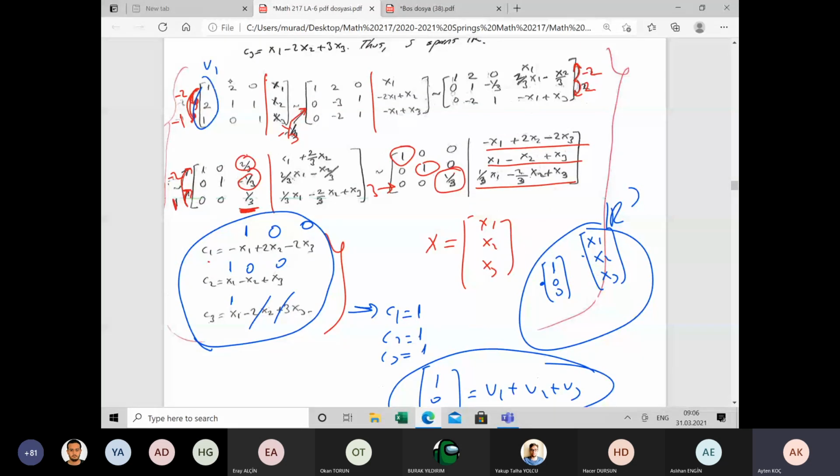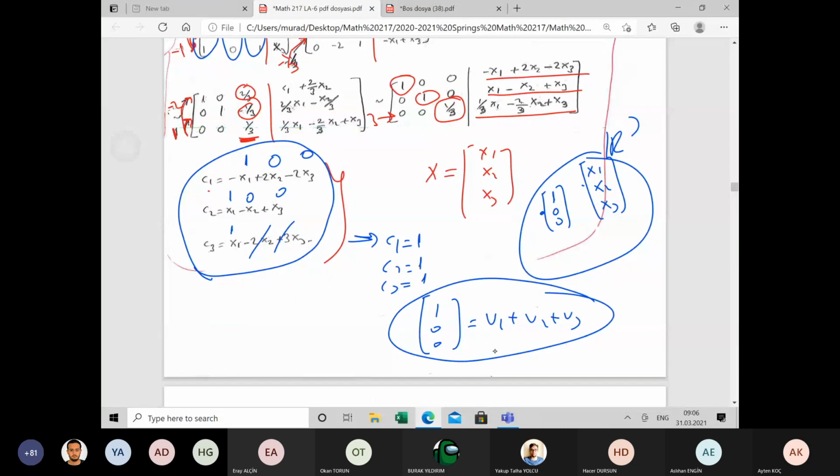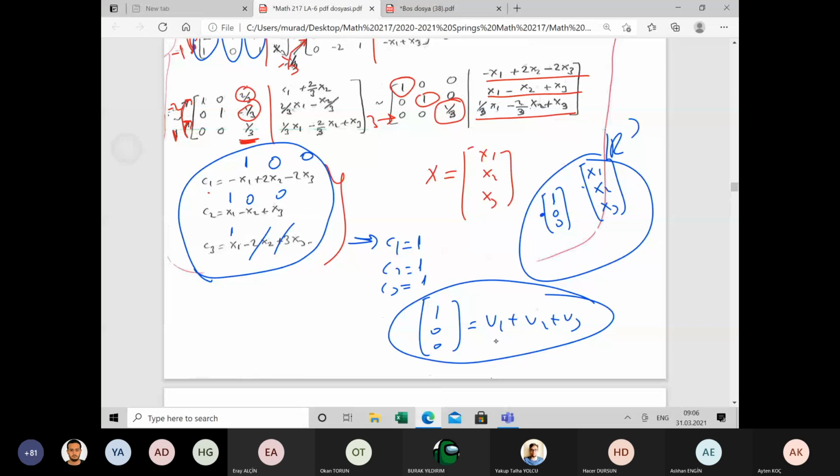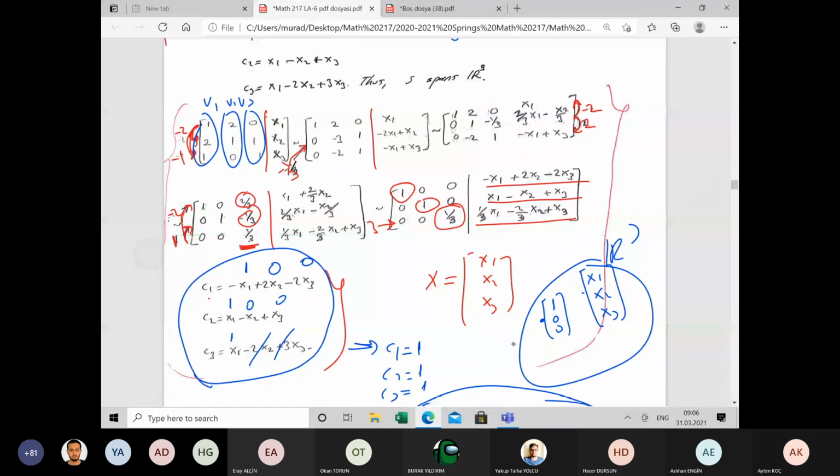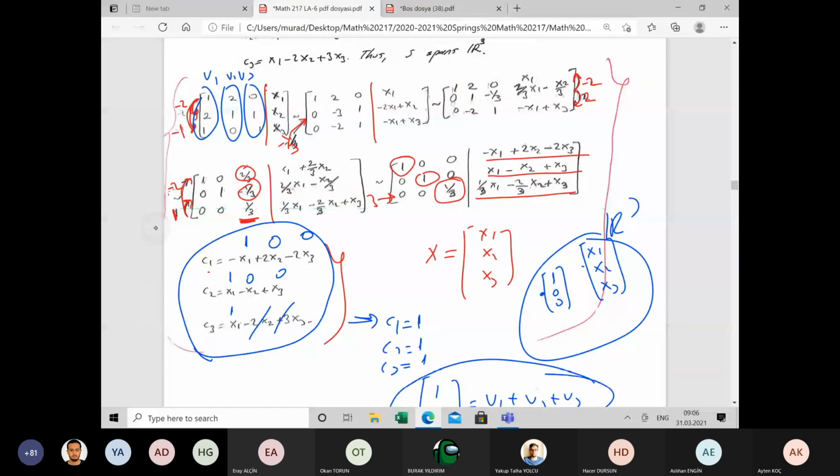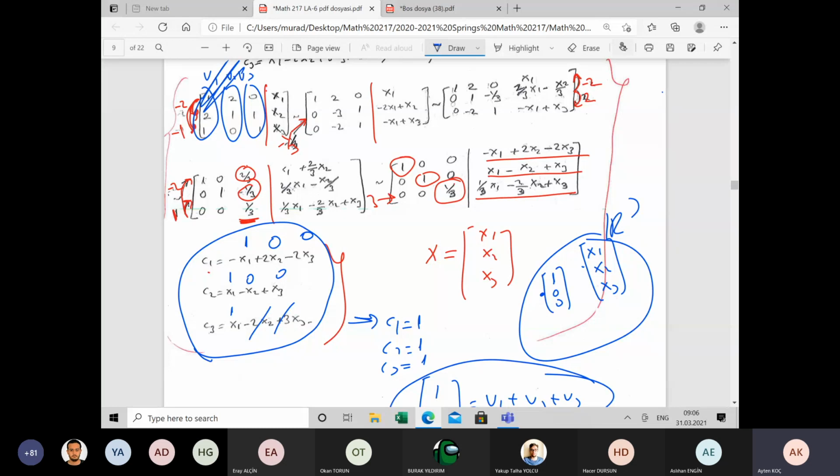C1 and this one, how to generate? Right here 1, 1, 1. It's okay. Sorry. Here C1, but this one is not true.